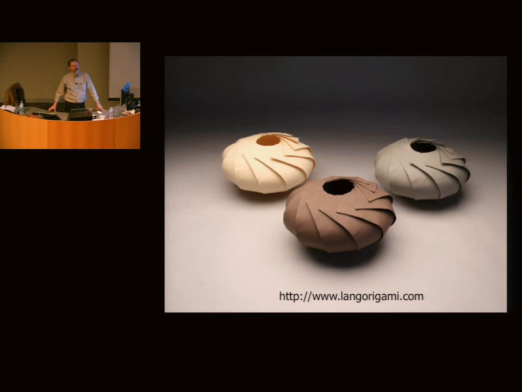The smallest crane that's been folded, I think, was from a 250 micron sheet of paper. And there's an SEM photograph of it somewhere on the web, with the crane sitting on the point of a pin, and the pin is like this huge rounded mountain. It's quite impressive.